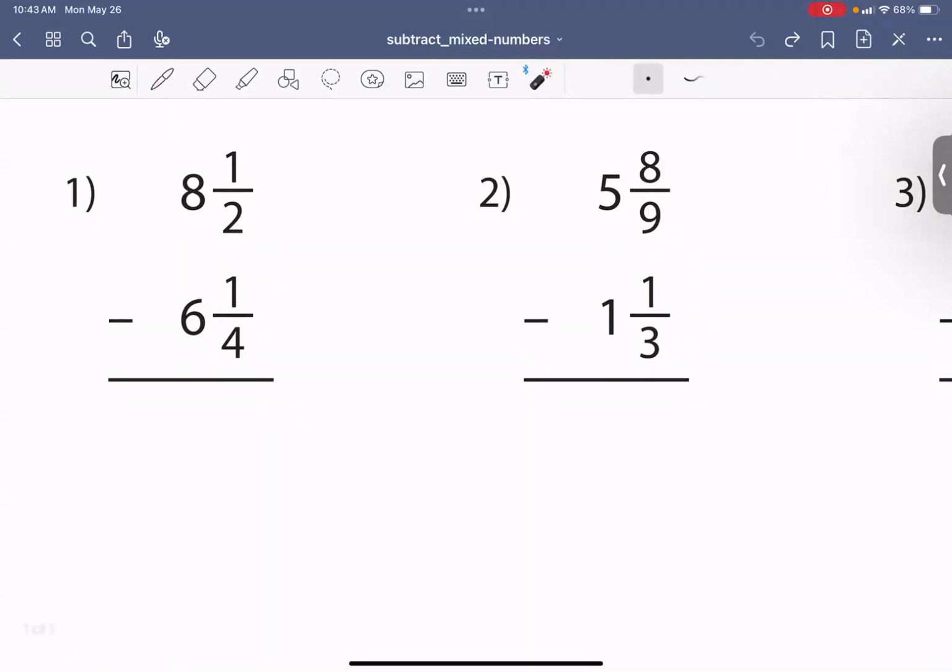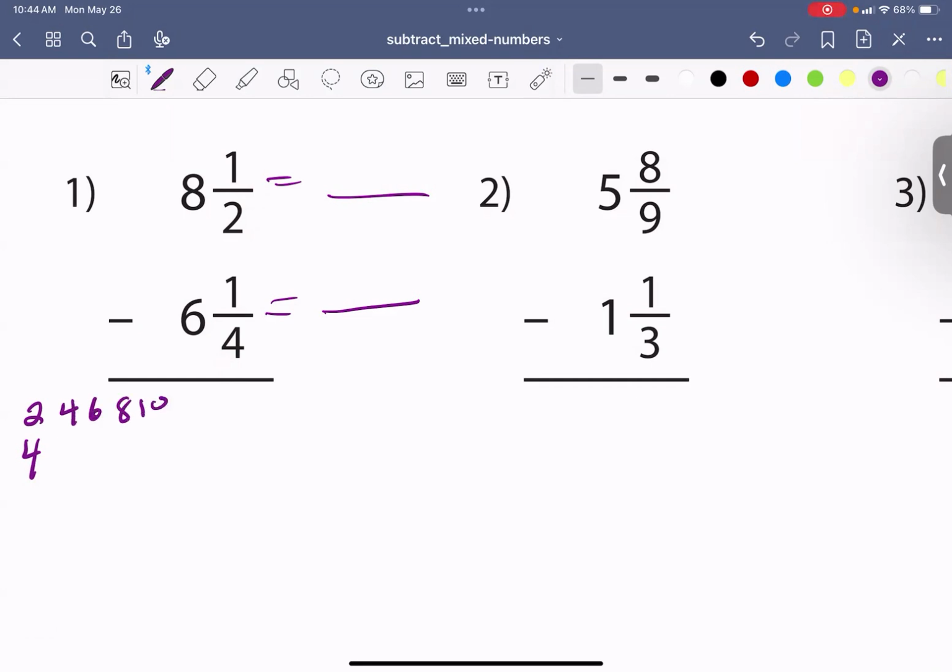Now I notice that the denominators are not the same, so I can't subtract them until the denominators are the same. So I'm going to find the least common multiple between 2 and 4. The first multiples of 2 are 2, 4, 6, 8, 10. For 4, it's 4, 8, 12, 16, 20.